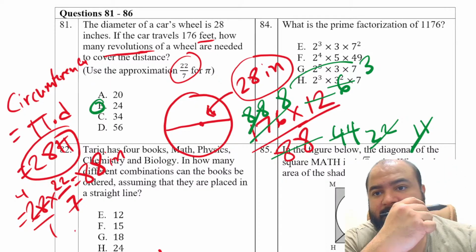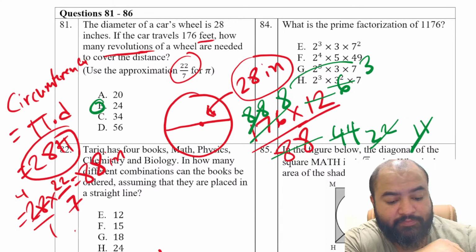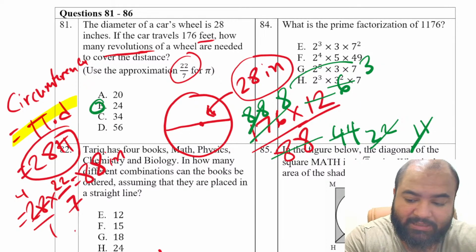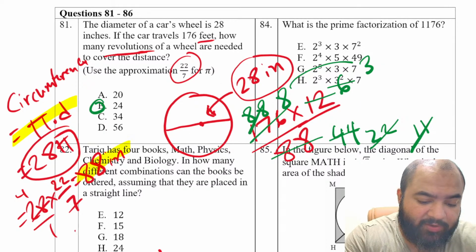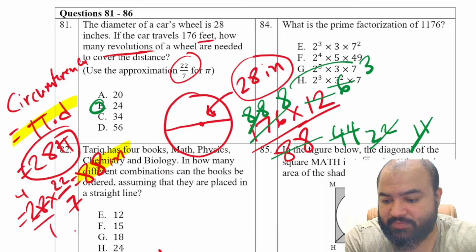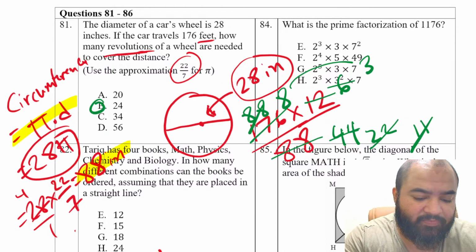Yeah, any question, guys? So first of all, the circumference is pi d. So we found the one revolution is 88 inches. Yeah, I'm just explaining it again. So 28 pi is the circumference.